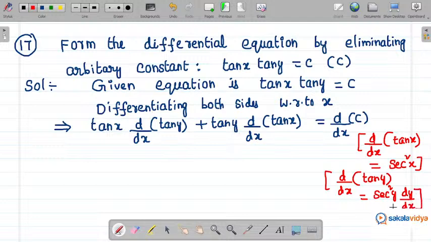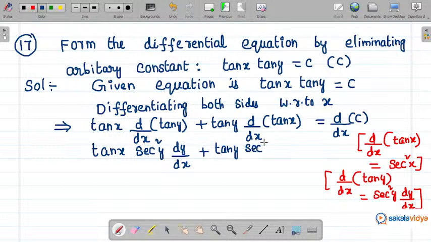So this you must remember. So what do we get now? Tan x into secant square y into dy by dx, plus tan y into secant square x, equal to 0. So this is the required differential equation.